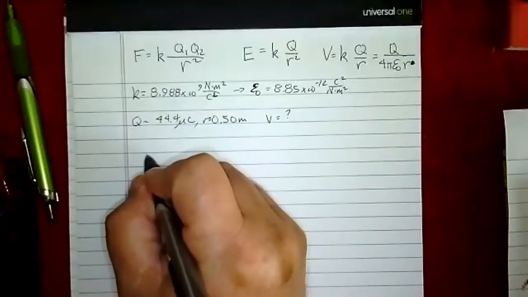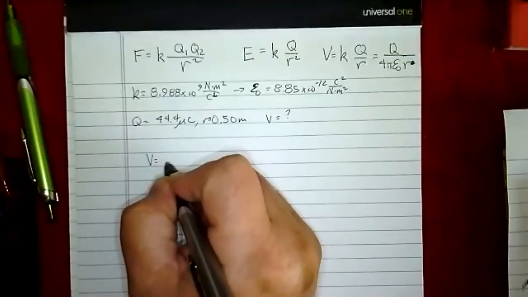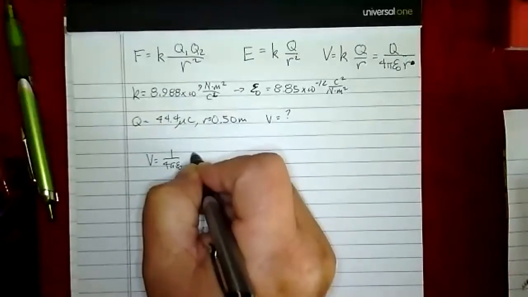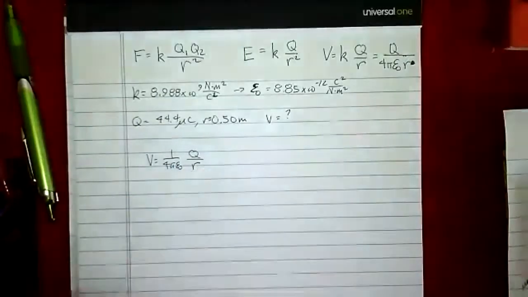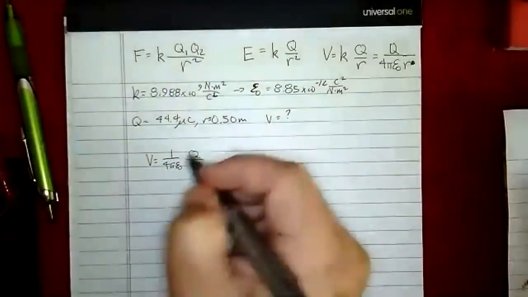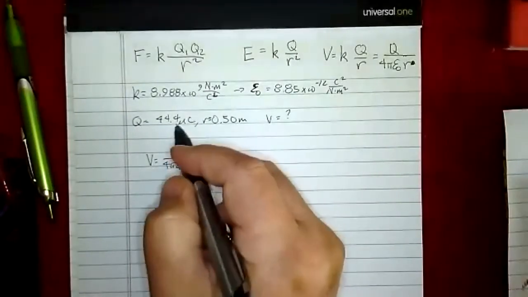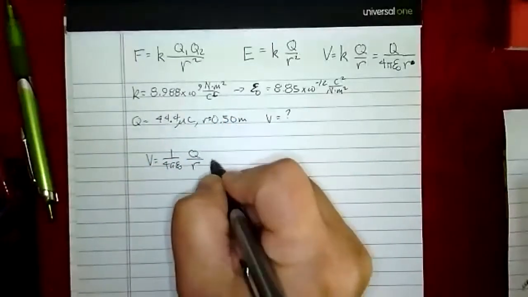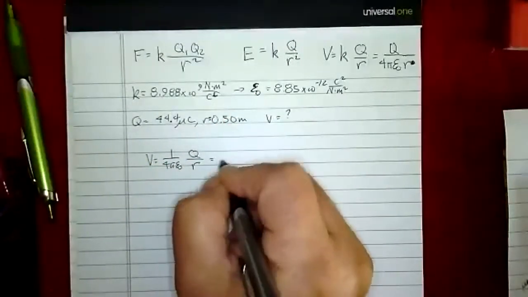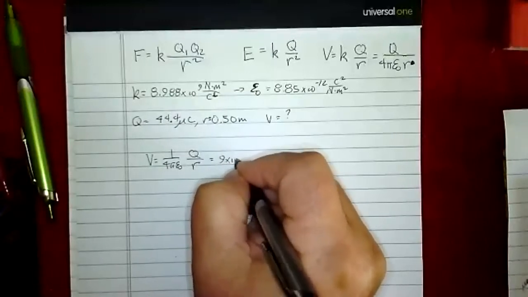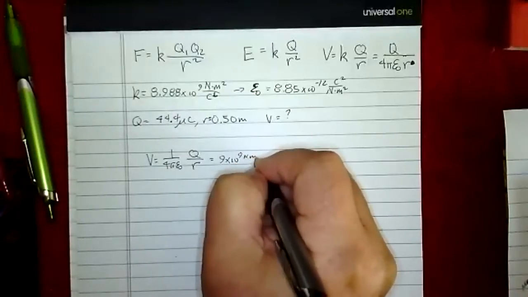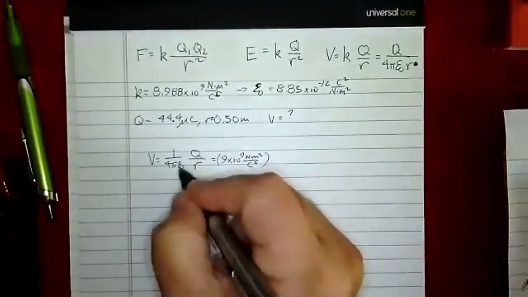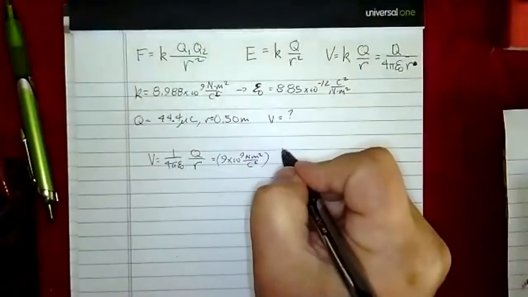And then the answer would just be V equal to 1 over 4 pi epsilon naught times Q over just plain R, not R squared. In this case, that's still k, so you might have guessed that's why I used the 44.4, so I don't have to do any math. So I'm going to write 9 times 10 to the 9th newton meter squared per coulomb squared. In other words, I'm putting in k instead of 1 over 4 pi epsilon naught.